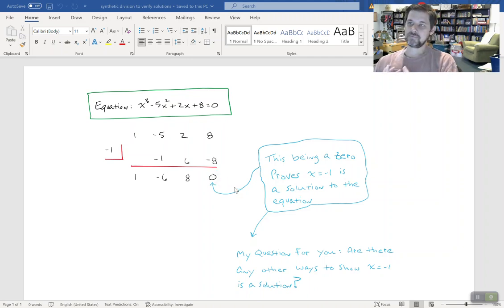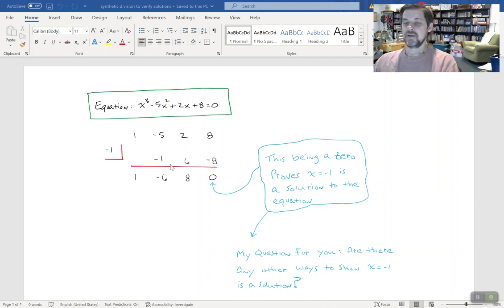But the question I really wanted you to think about is, are there other ways to show that -1 is a solution to this equation? Partially because I wanted you to know other ways if they exist. I think you're taking a college math class, I want you to know as much stuff as you can, because as a possible STEM major, there's no telling what you might need to know in the future.